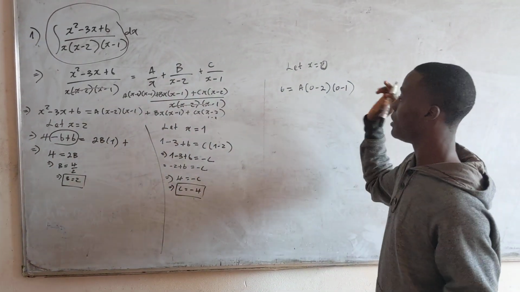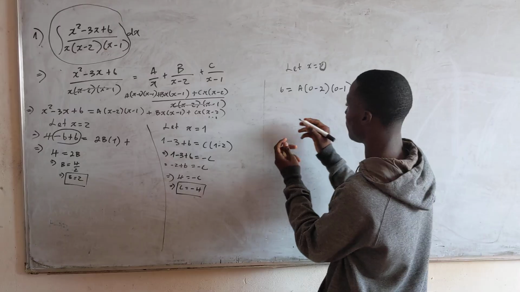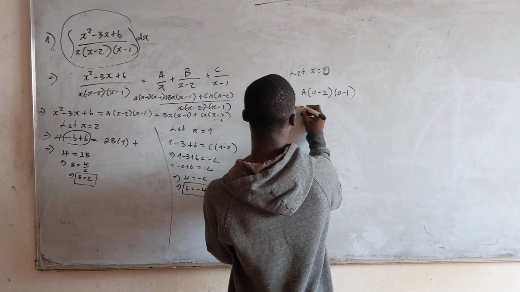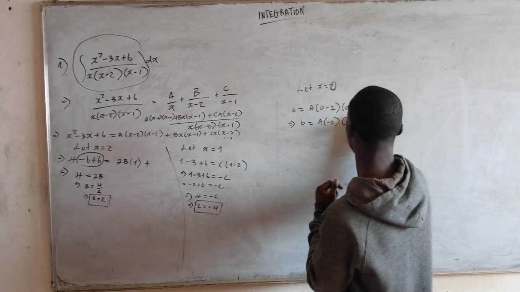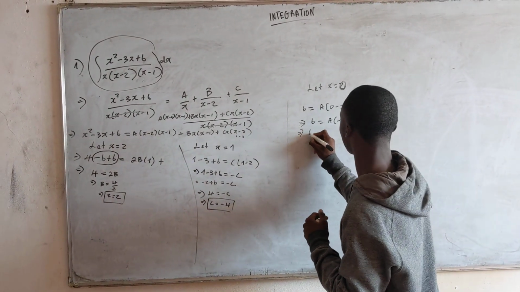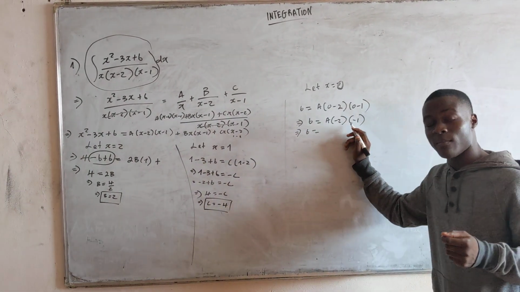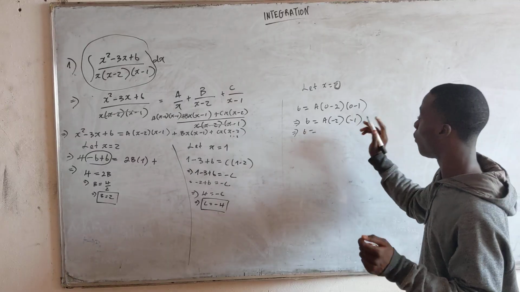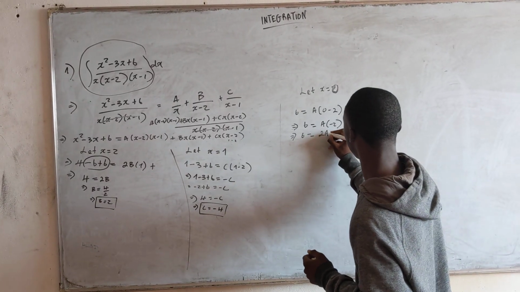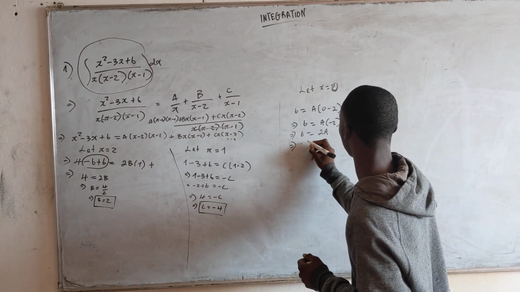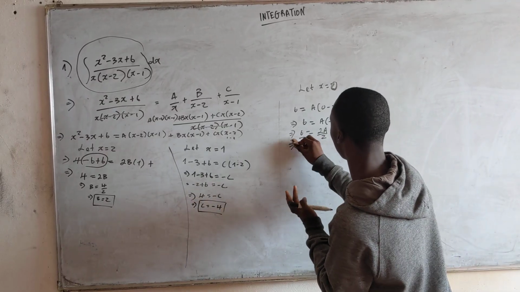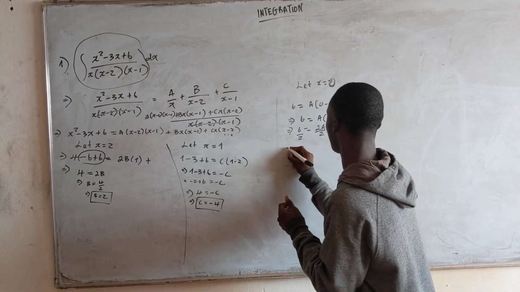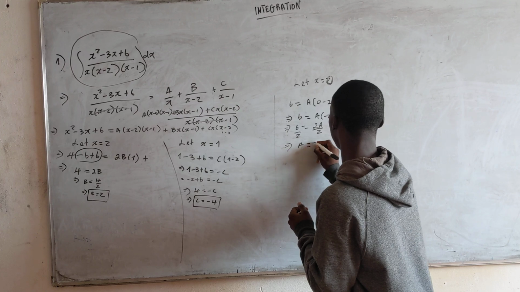Now we are just playing with a, which is the value we need. This implies 6 is equal to a into negative 2 times negative 1, which implies 6 equals 2a. Dividing by 2, we get a as 3.